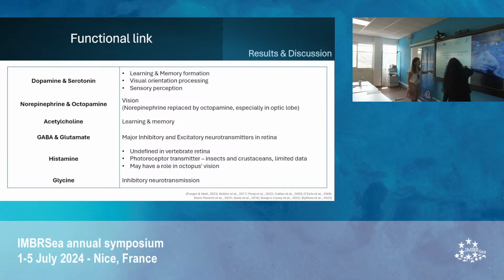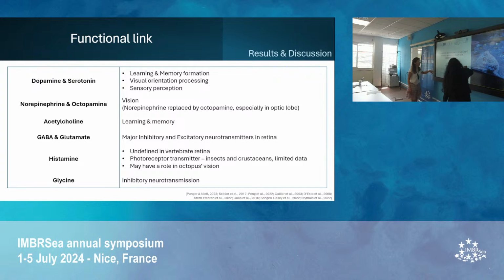So we tried to compare the possible functions with the vertebrate visual system, and we know that dopamine, serotonin, and acetylcholine are important for learning and memory functions.